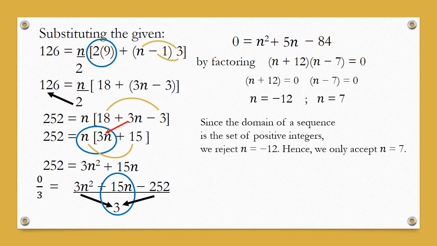So therefore, we are going to reject negative 12. Hence, we only accept n is equal to 7. So therefore, the number of terms that will add up to 126 is 7. Yun ang number of terms. Number of terms pa lang.